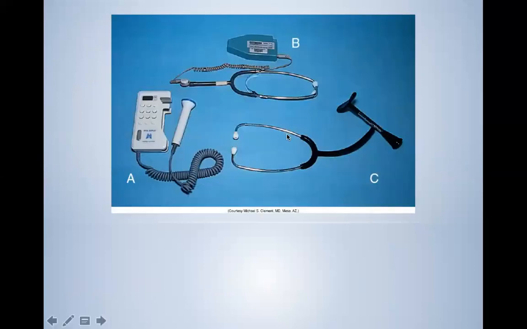So here are some of the auscultation tools. This is a Doppler, this is a Doppler stethoscope, and this is a fetoscope. For this one, these go in your ears, this goes on your forehead, and this goes on mom's abdomen, and we're able to listen to the heart rate.